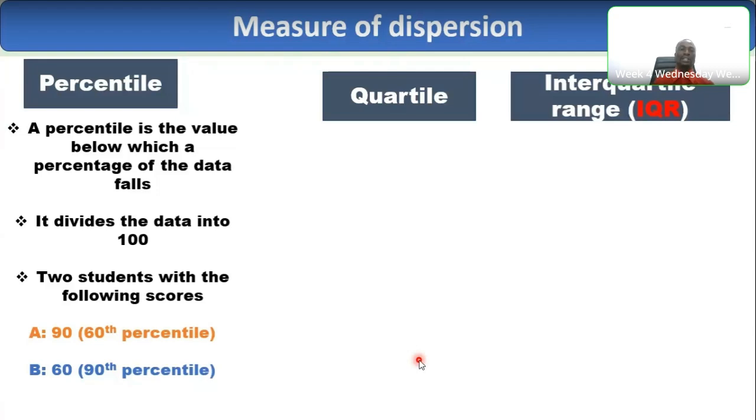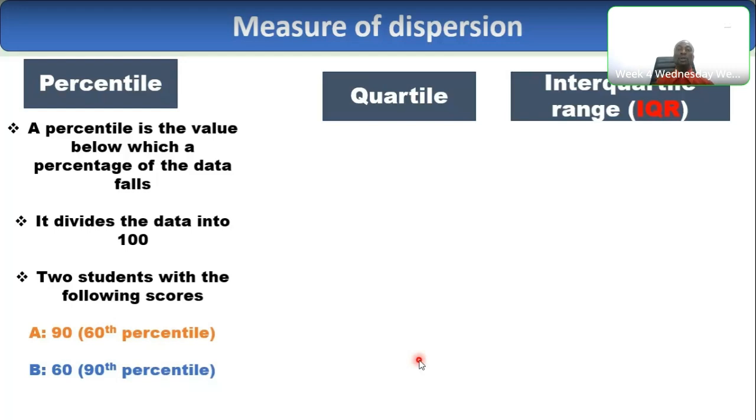And then we ask student A that, okay, you scored 90, a very good mark, fantastic mark. That 90 is at what percentile? And the guy said, oh, it is at 60th percentile. What does that mean? It means that 60% of the scores in that class lie below 90.